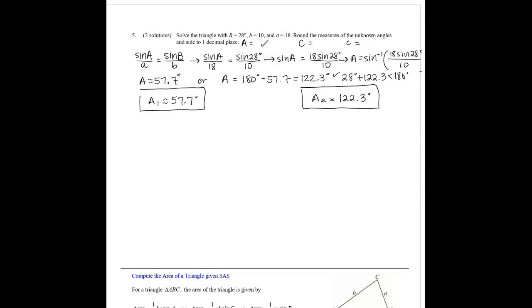So we found the first part of what was missing, which are the two options for capital A. Now let's go on and find the two options for capital C. In the first case, if capital A was 57.7, I would take the 180 degrees in the entire triangle and subtract the two angles that we already know, because we were given that capital B is 28 degrees.